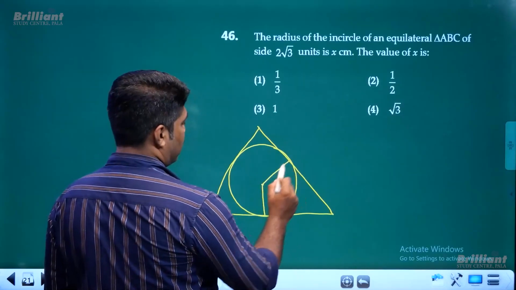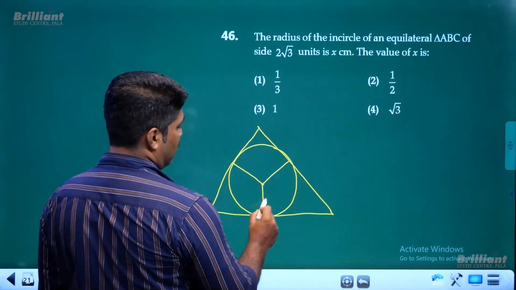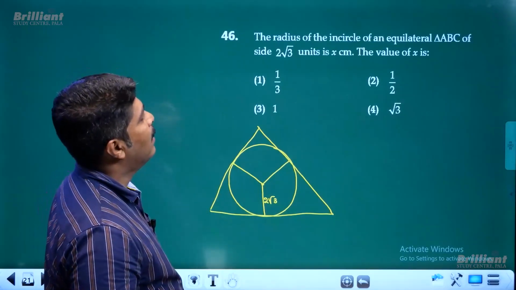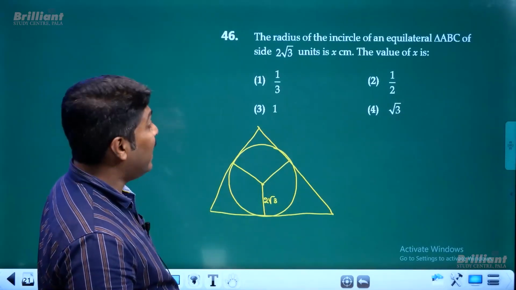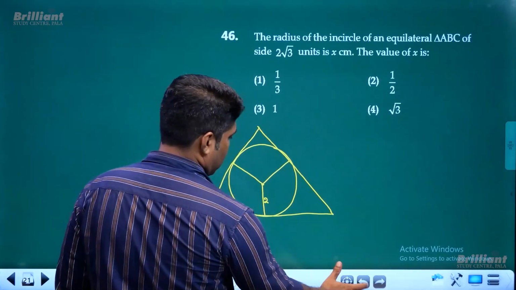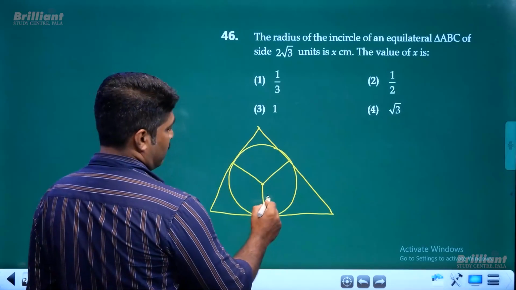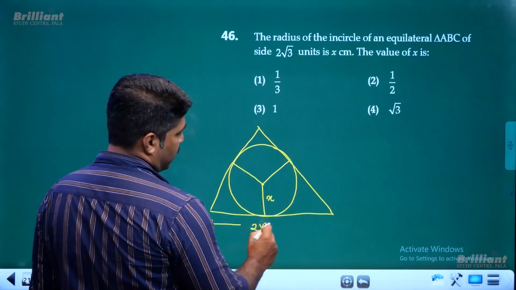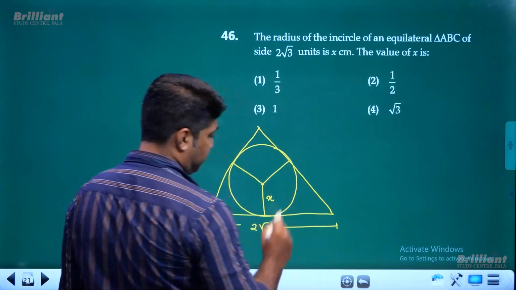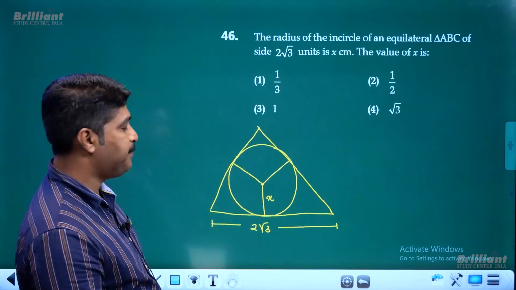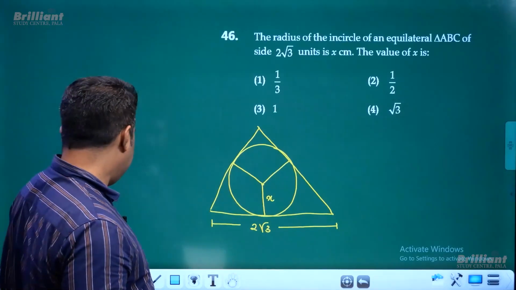So while we are constructing the radii like this, this is x. The side of this equilateral triangle is 2 root 3. Then the value of x we have to find out. How to find it?